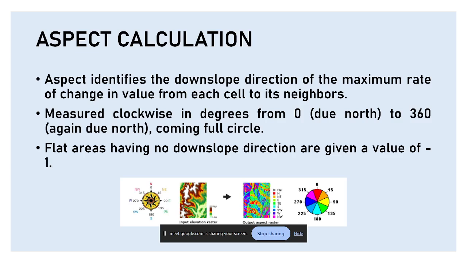It identifies the downslope direction of the maximum rate of change in value from each cell to its neighbors. Basically, it talks about the direction of the slope. Let me connect the pen, that notepad with this so that I can draw and show you.